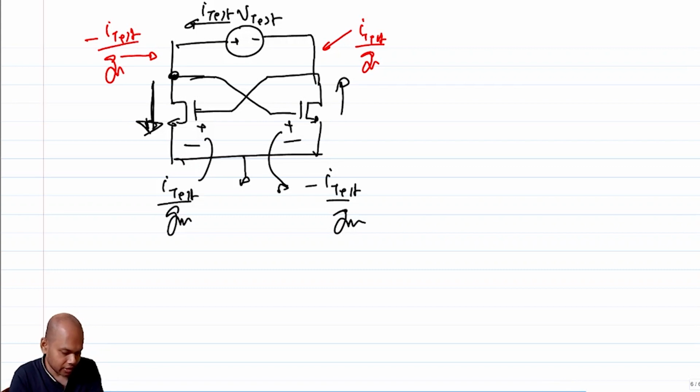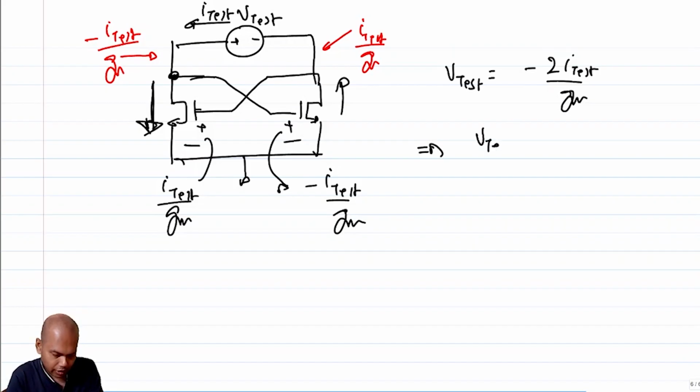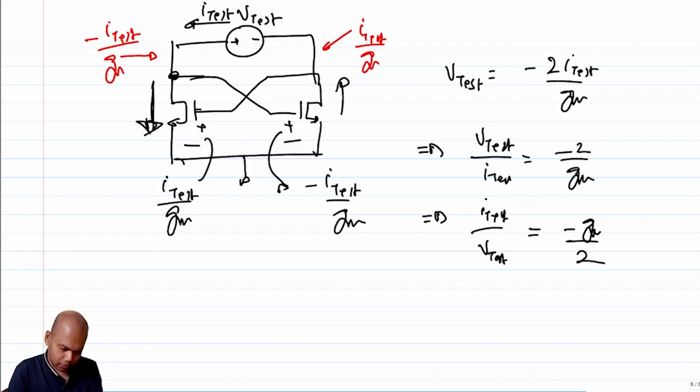So what is V test then? V test is effectively equal to minus 2I test over Gm, which means your V test over I test is minus 2 by Gm, right? Or basically I test over V test is minus Gm over 2, right?